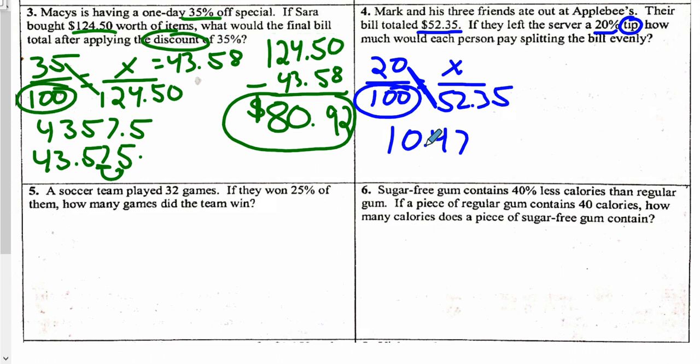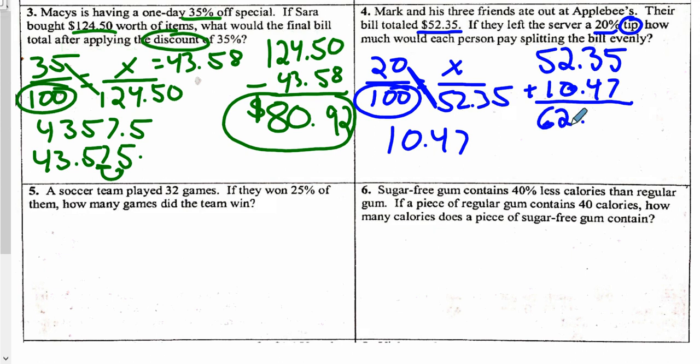We're going to add that to our $52.35. So we're going to add those together and we get our answer of $62.82. But that's not our complete answer, because if we continue reading, it says Mark and his three friends, and how much would each person pay if they split the bill evenly?